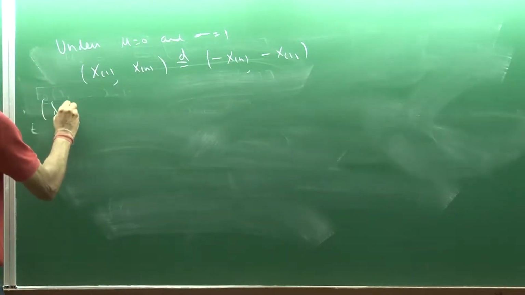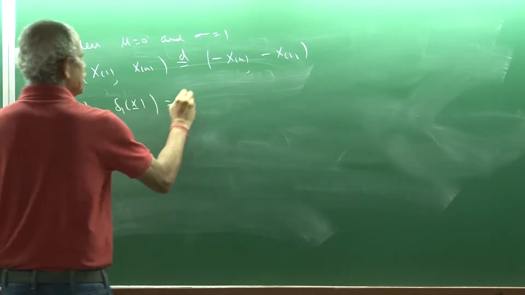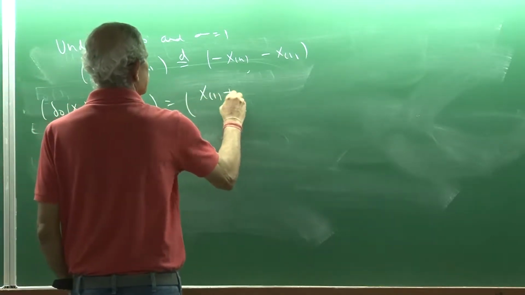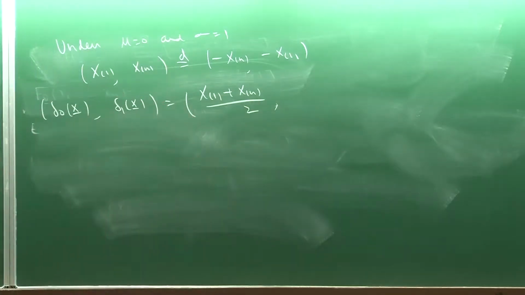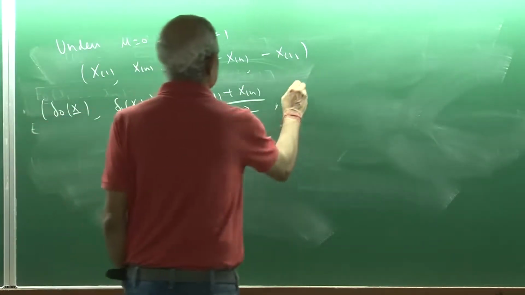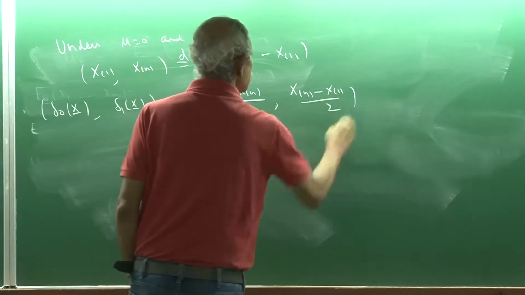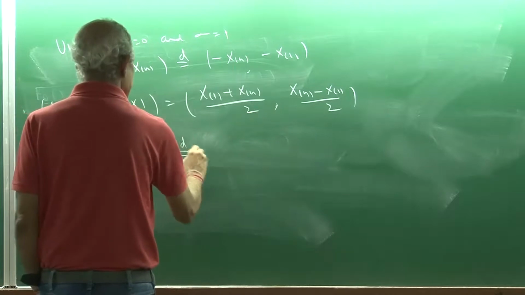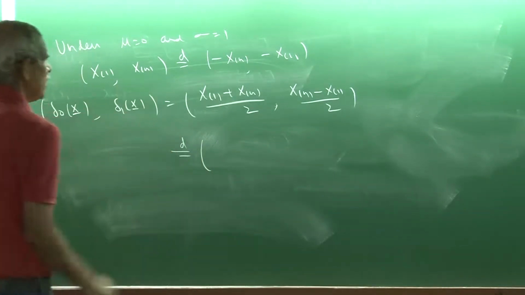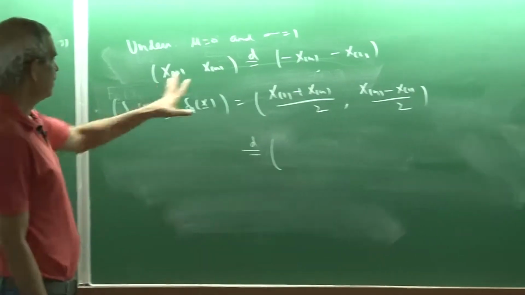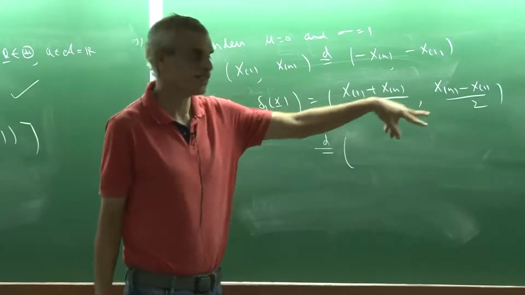Delta naught x, delta 1x, which is nothing but (x1 plus xn) by 2 and (xn minus x1) by 2, has the same distribution when I replace the tuple (x1, xn) by (minus xn, minus x1).